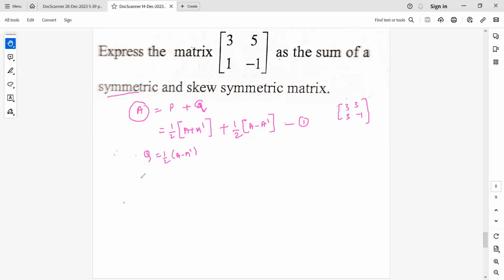First we will calculate A minus A dash. The value of A is [3 5; 1 -1], minus A dash, which is [3 1; 5 -1].